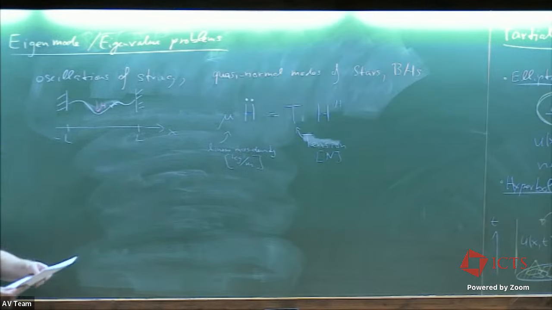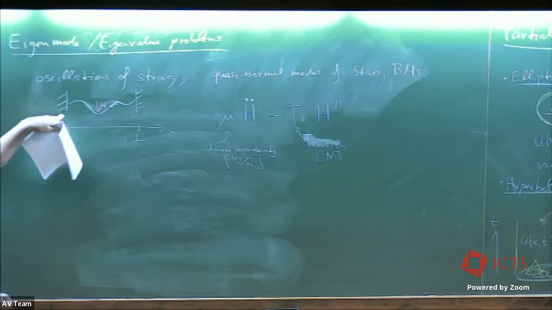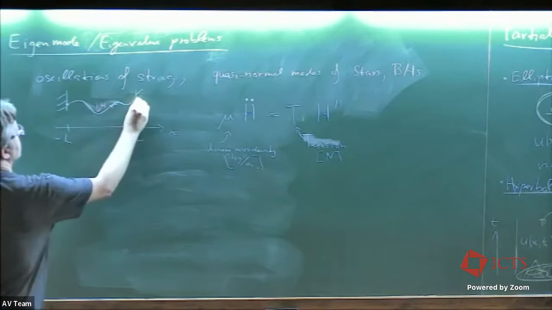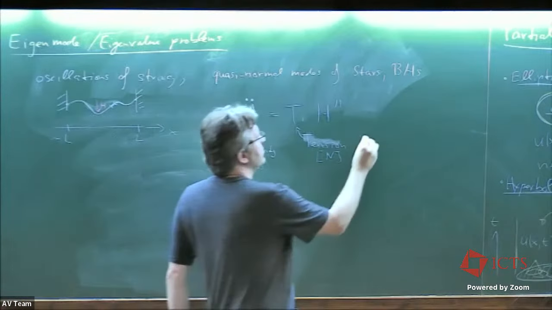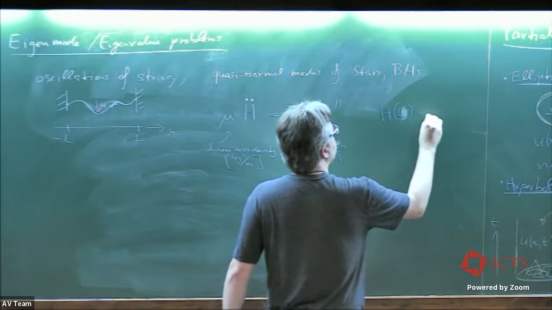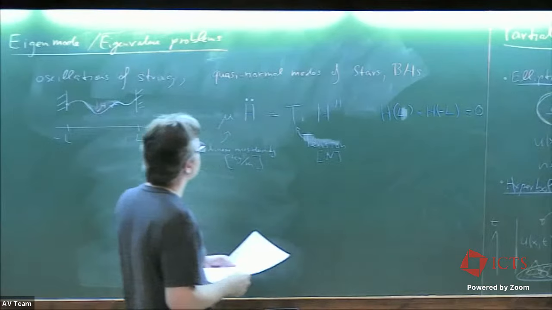So that's the origin of that equation. And of course, because we are locking our string at the left and the right-hand side, we have boundary conditions that h of L equals h of minus L equals 0.